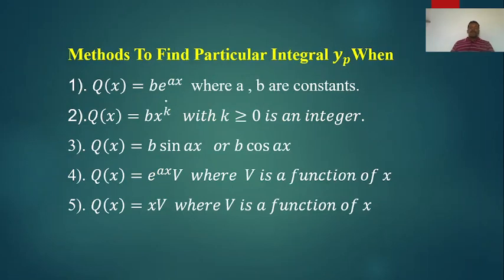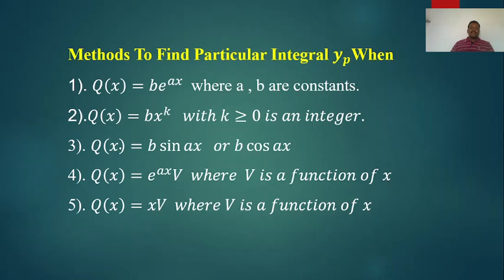Now in this topic, we discuss the particular integral methods when Q(x) equals: the first method, Q(x) = b e^(ax), where a, b are constants. Second method, Q(x) = b x^k with k a positive integer.